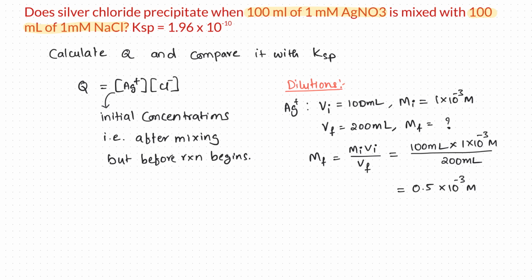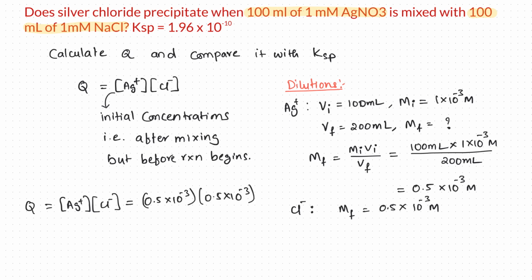Similarly, the concentration of Cl minus after mixing is also equal to 0.5 millimolar. The reaction quotient Q is equal to the concentration of Ag plus times Cl minus, which is 0.5 millimolar times 0.5 millimolar. You end up getting 2.5 times 10 to the negative 7.